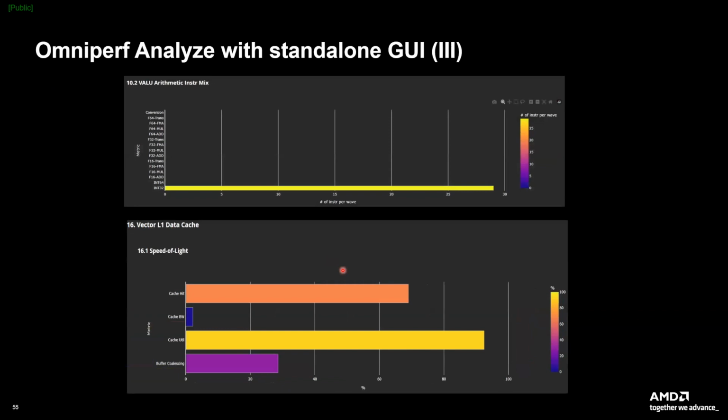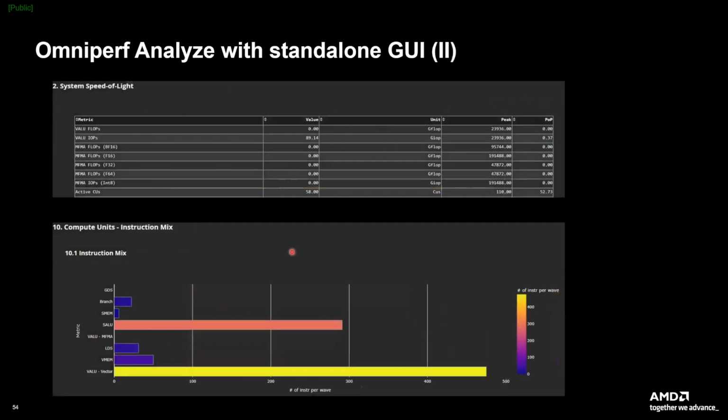Also, you can see the instruction mix. So integer 32 here, it's the number of instructions per wave. It's a lot. And the speed of light, right? Cache hit, you have here more than 60%, cache utilization more than 80%, etc. Cache bandwidth, etc. So you can see a lot of information.